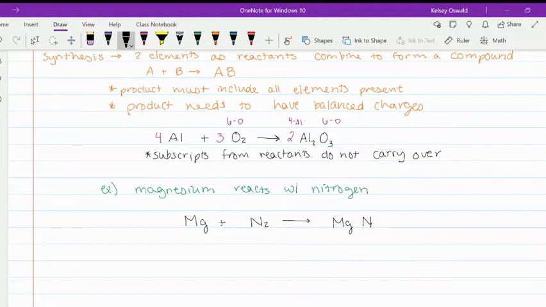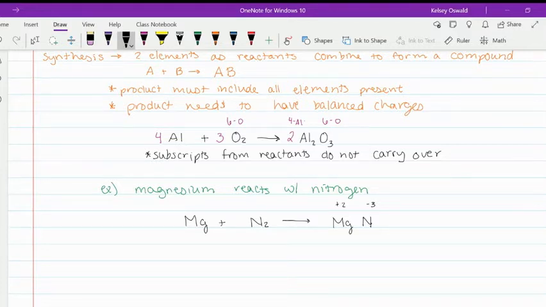So to figure out what the formula for that compound is going to be, again, I cannot just carry over those subscripts. I need to include both elements, our magnesium and our nitrogen, and I need to make sure my charge is balanced. So I know magnesium typically has a +2 charge. Nitrogen's typically -3. So for this to balance, I need my +2 and -3 to balance out. I know they both go into 6.